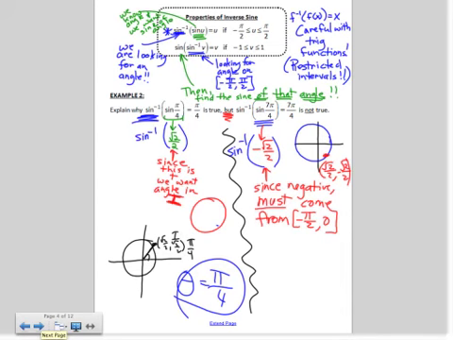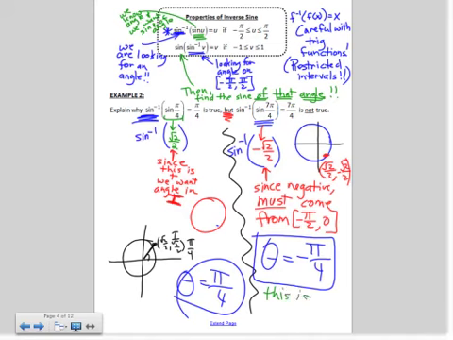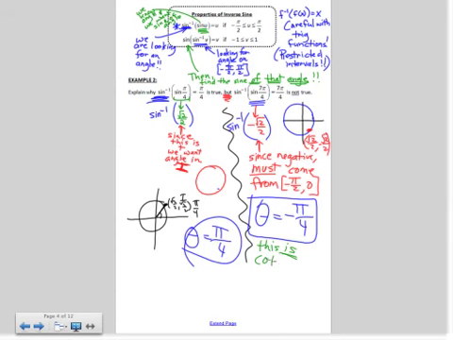So the angle is negative pi over 4. But guess what? Negative pi over 4 is coterminal with 7 pi over 4. They're coterminal angles.